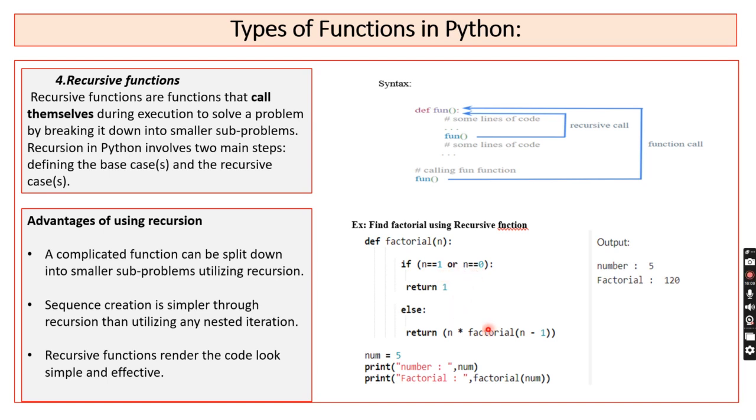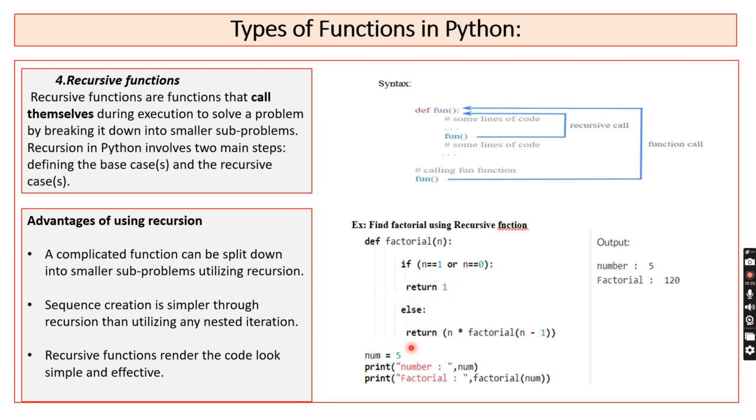This example is used to calculate the factorial of a given number. Factorial of 0 or 1 is always equal to 1. That is, if we are giving the n value as 1 or 0, the output will be 1.